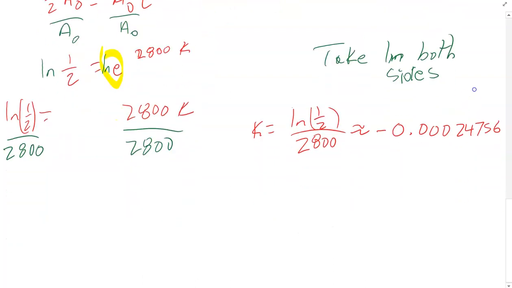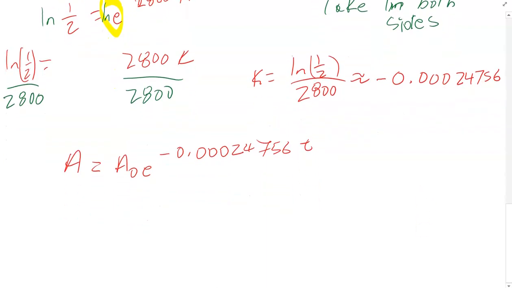We will use this to do the next part of the problem. So A will be equal to A sub 0 e to the negative 0.000245756t.